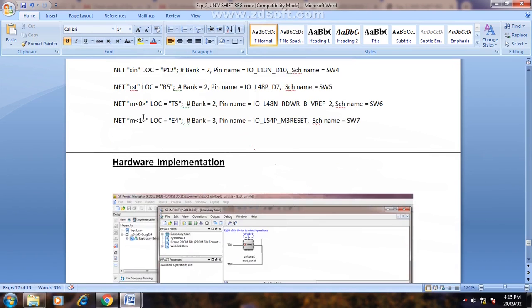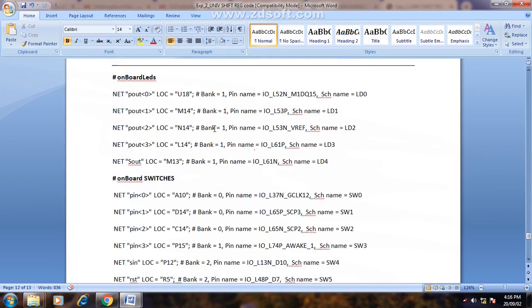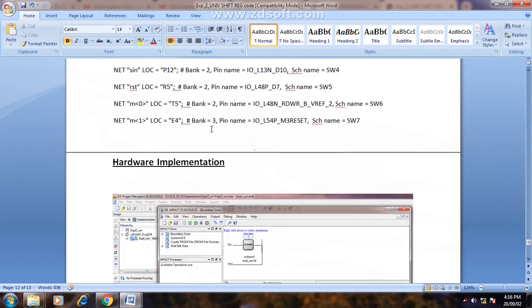And we again have a 2-bit mode input, so M0 and M1 are assigned: for M of 0 it is T5 and for M of 1 it is E4. All these things you need to specify in your UCF file. That means you are mapping your board pins and LEDs to the inputs and outputs in your entity.